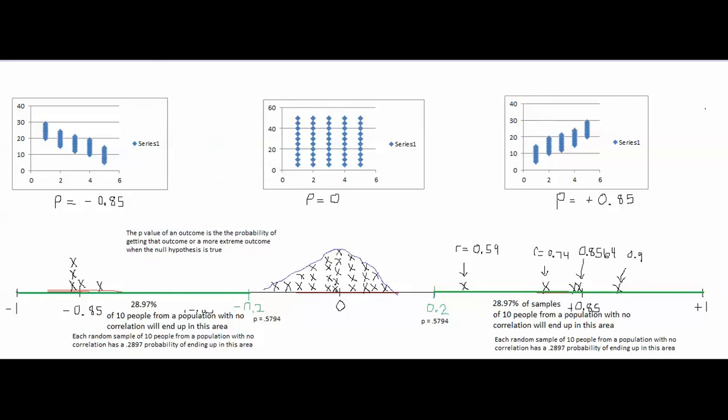So in this case, what we mean by the null hypothesis being true is we just mean that the sample is coming from a population with no correlation.